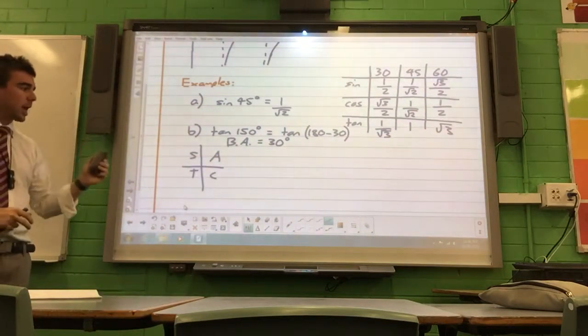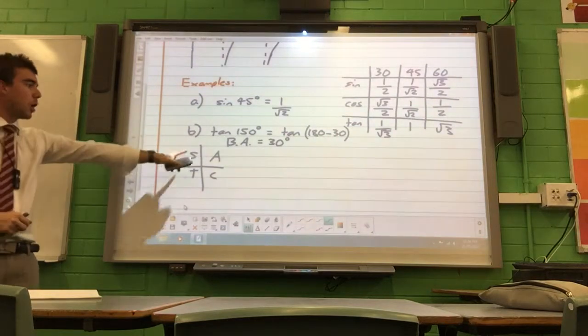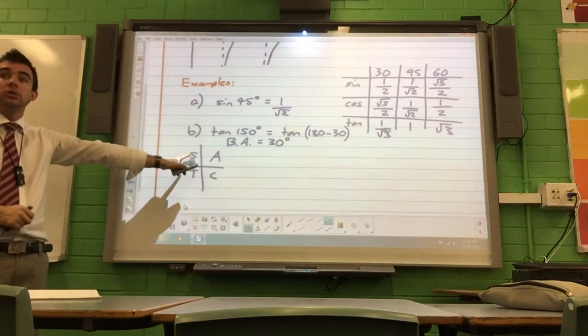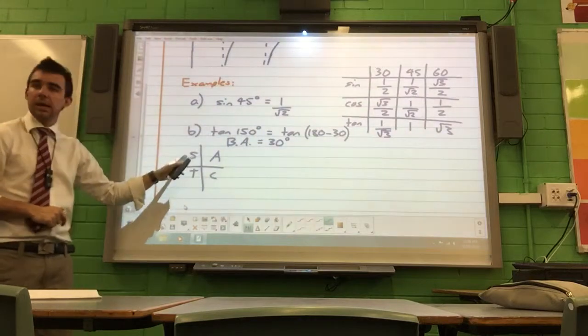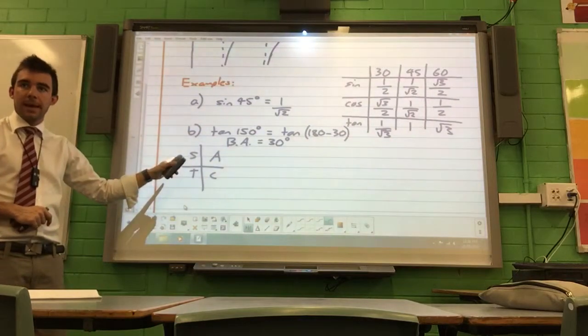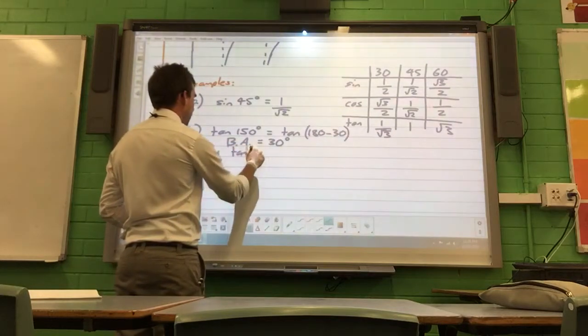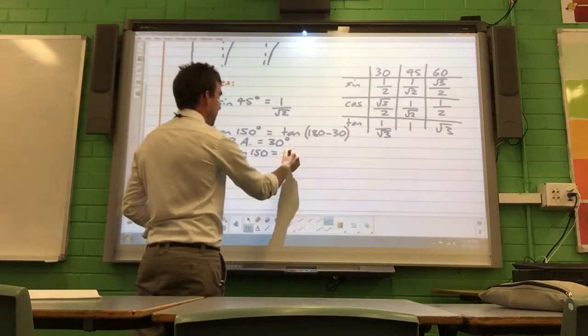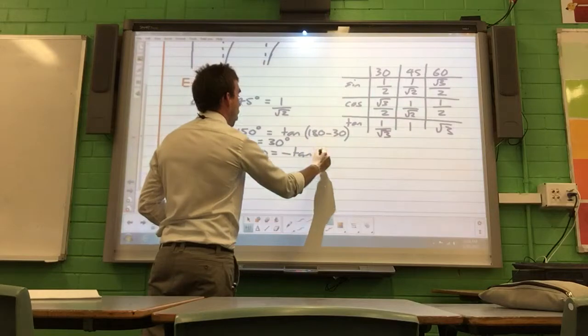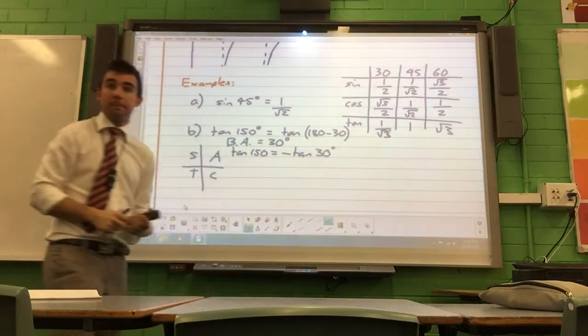All students take calculus. So in the second quadrant, where we are, tan is negative. That means your tan of 150 is equal to negative tan of that basic angle.